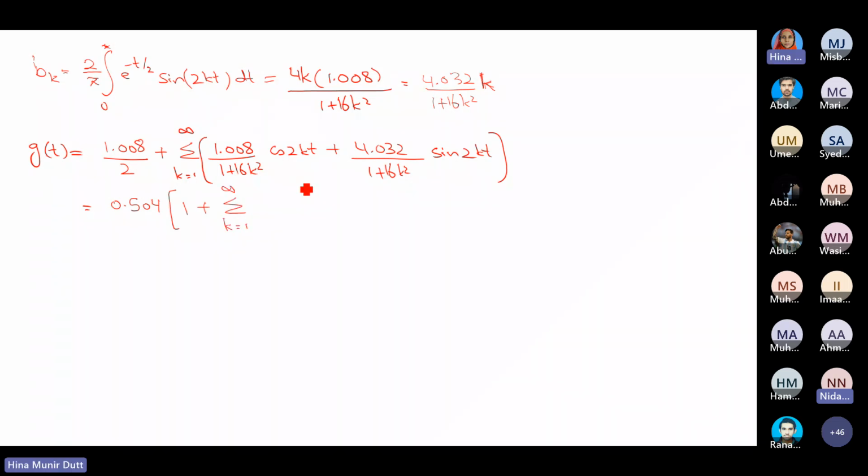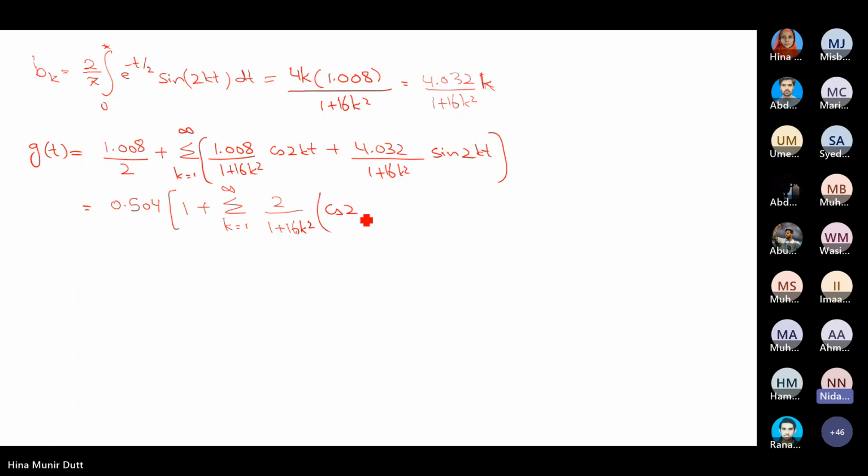I'm just simplifying it a little bit. 2 over 1 plus 16k square cos of 2kt, because this 1.008 is 2 times 0.504.